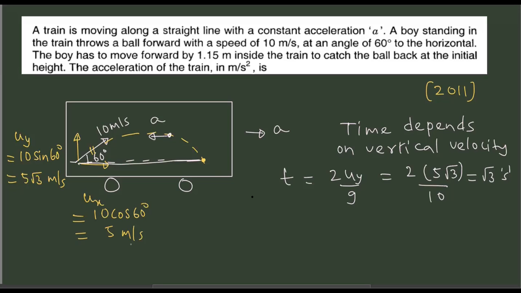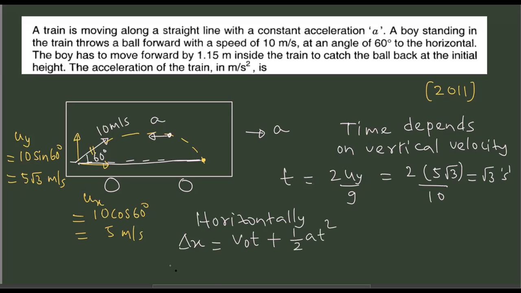So now horizontally, I can use that equation. Horizontally, I can use delta x, the displacement, is initial velocity in the horizontal direction times time plus half a t square. What is the displacement that I'm after?